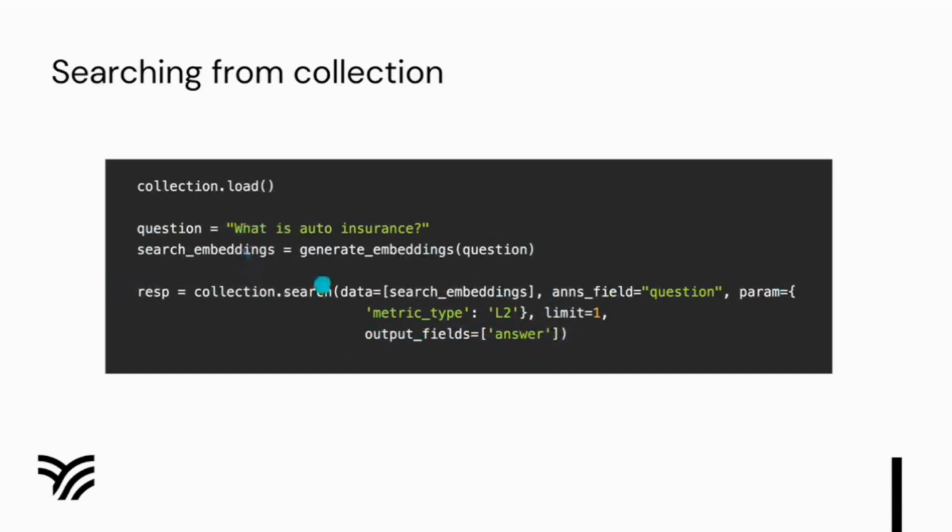So here, line number one, collection.load, right? According to the architecture of Milvus, before executing any search query, we first need to load the collection into memory, right?